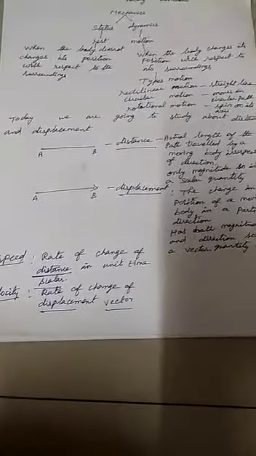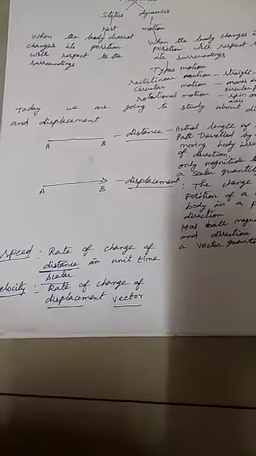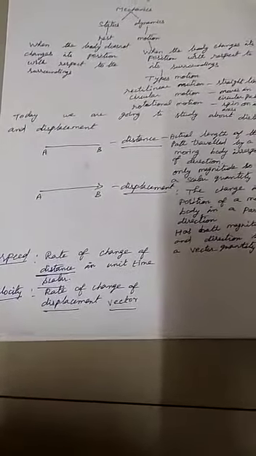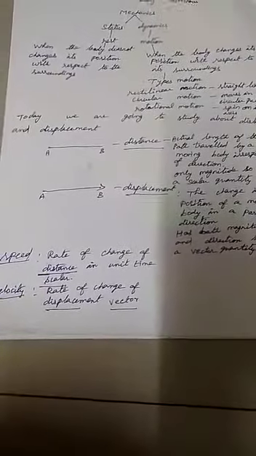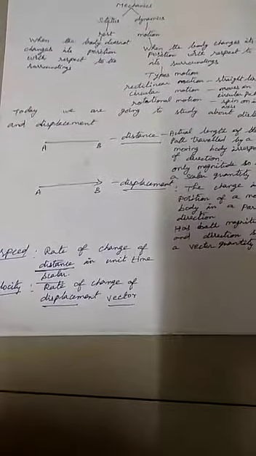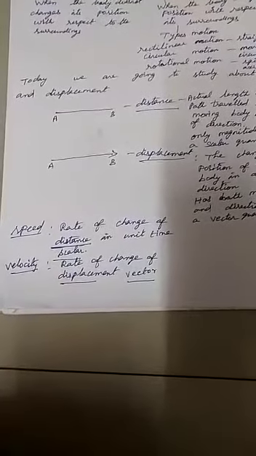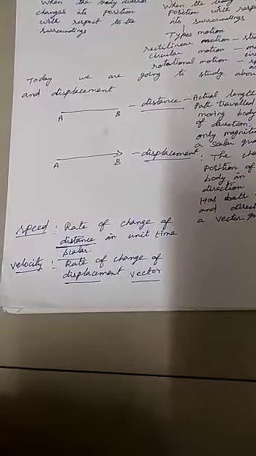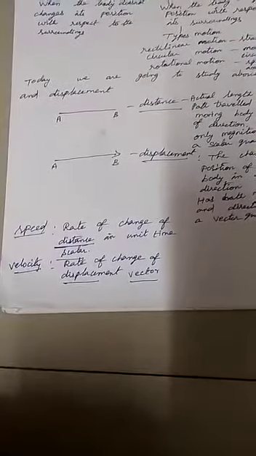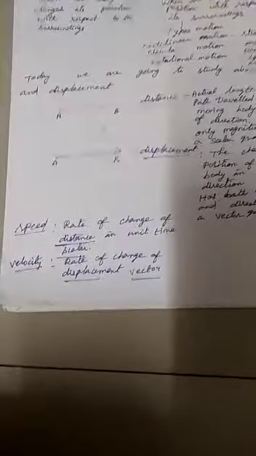When a body travels a distance, if it is the change in the distance with respect to the time, then we call that speed. We say that the bus is moving very fast at 50 kilometers per hour or 60 kilometers per hour, like that. So that's speed.